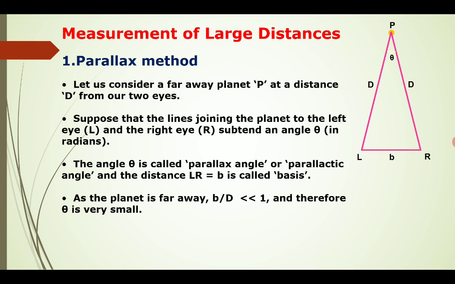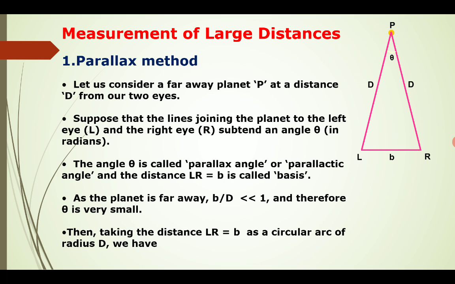So here we can imagine that theta is very small, because this distance b between the left and right eye openings is very small as compared to the distance of the planet from these two positions. So let us take LR equal to b, and a circular arc of radius D we are having.